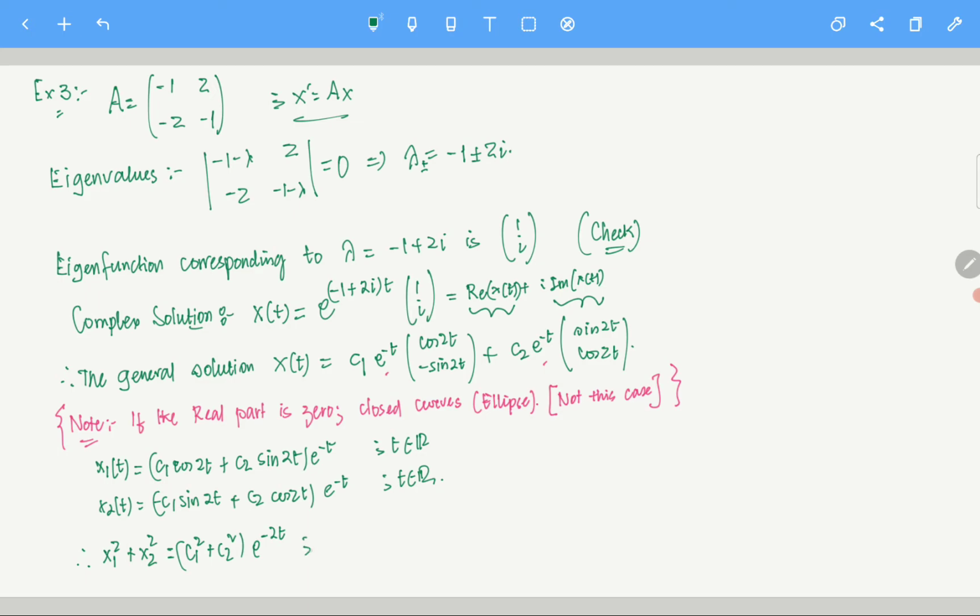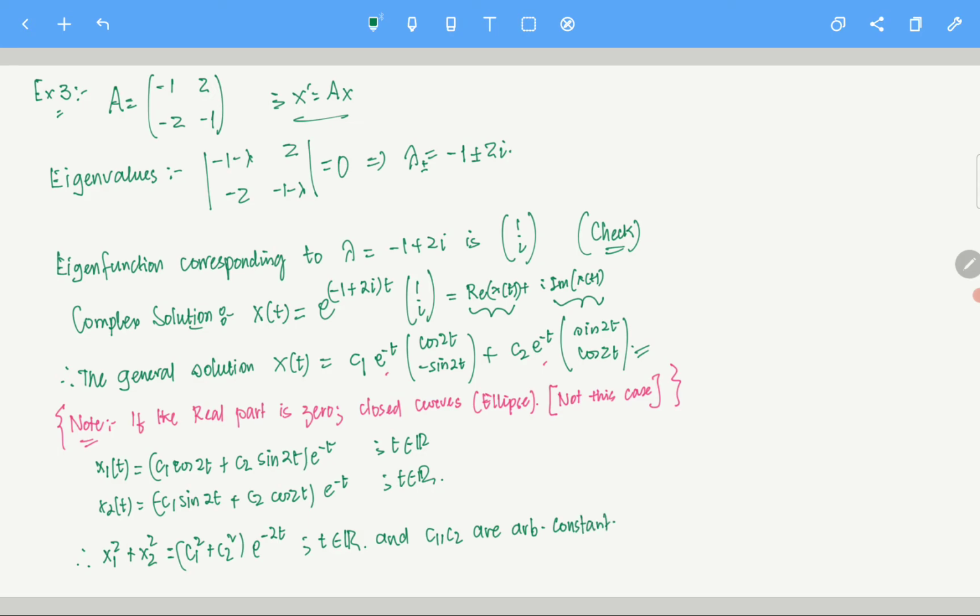Of course t is in R. Now c1 and c2 are arbitrary constants.